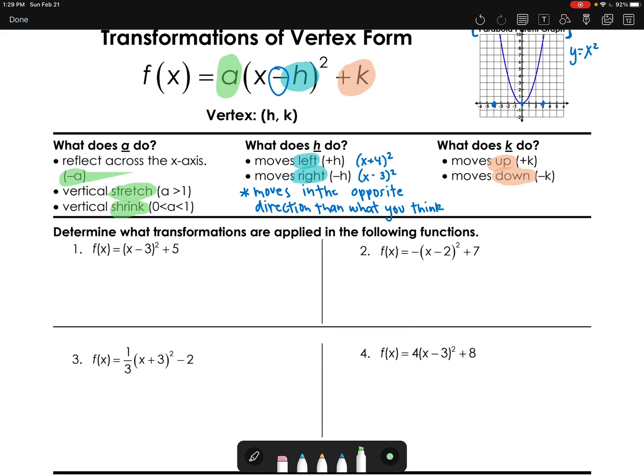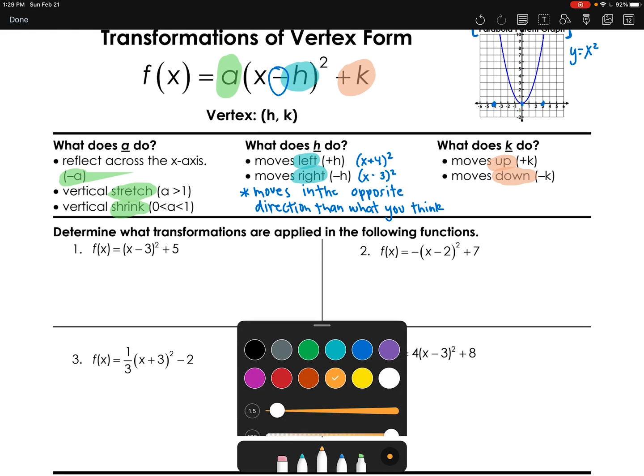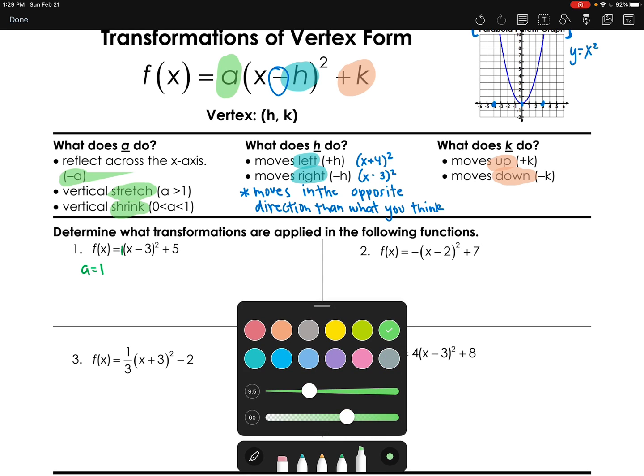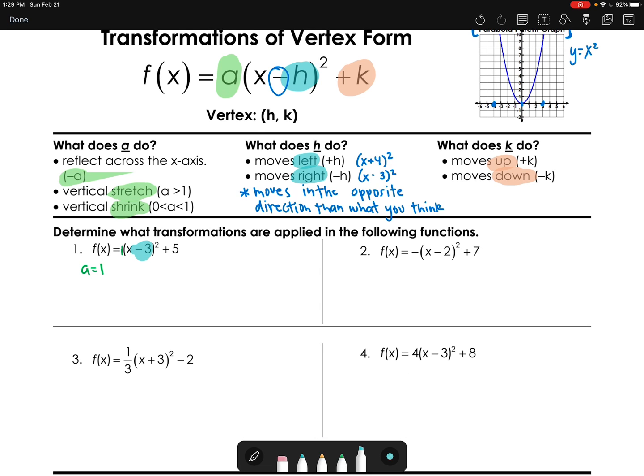And so here I see we don't have an a. If you don't see an a there, then a is just 1, right? So a is 1, and there's no transformation applied there, okay? But the next transformation that I see is something with my x right here. I see this minus 3, and this minus 3 tells me it's moving to the right.